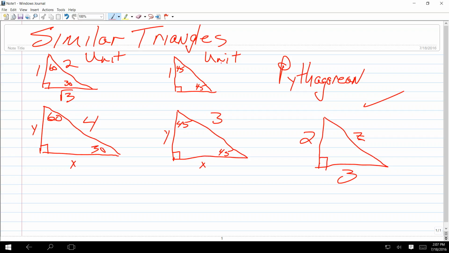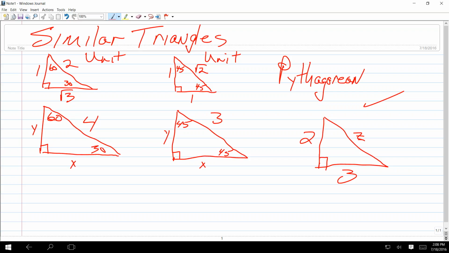Notice my name, unit. What unit means is 1. That's the definition of the word unit. So when I ask about my unit triangles, it always means the side opposite the smallest angle is 1. Well, if this side is 1, what does the bottom side here have to be also? 1. And that makes this square root of 2.